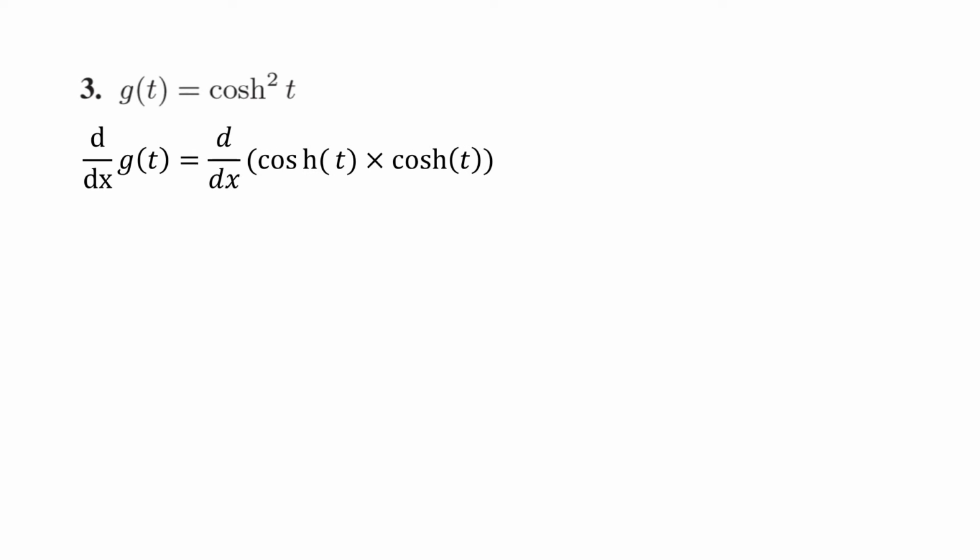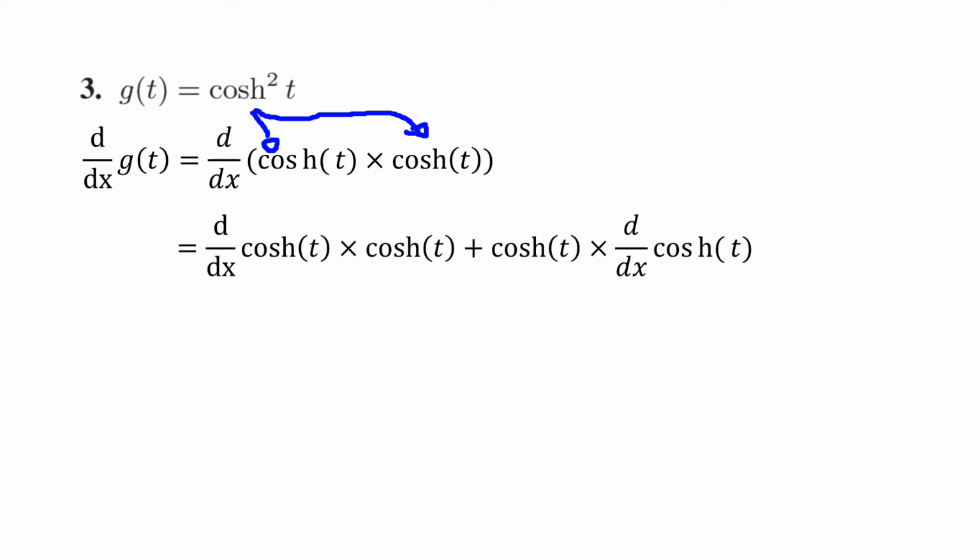We separate the hyperbolic cosine squared into two hyperbolic cosines, and by using the product rule, we have d dx of cosh t times cosh t plus cosh t times d dx of cosh t, so that we get sinh t times cosh t plus cosh t times sinh t.